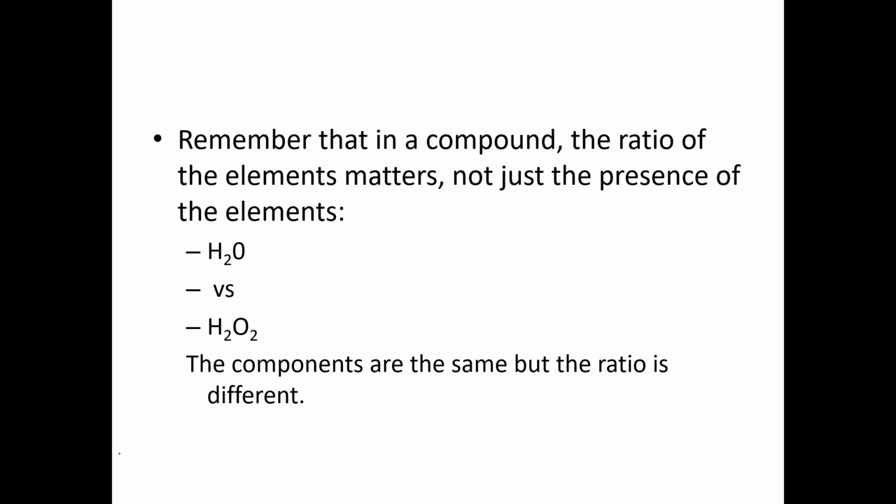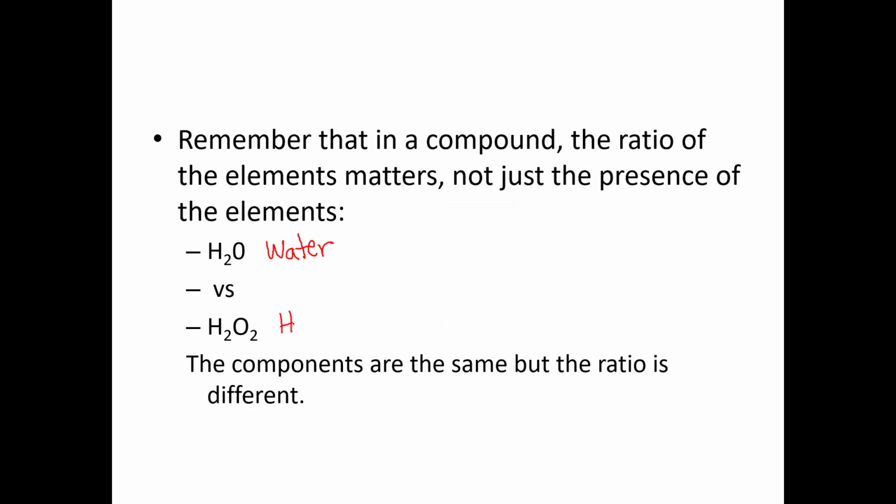Remember that in a compound, the ratio of elements matters, not just the presence of the elements. If I have H2O, well, that's water. If you're thirsty on a hot day, that's going to be a refreshing, wonderful drink. On the other hand, H2O2, that's something totally different.